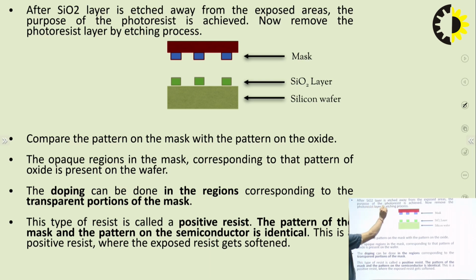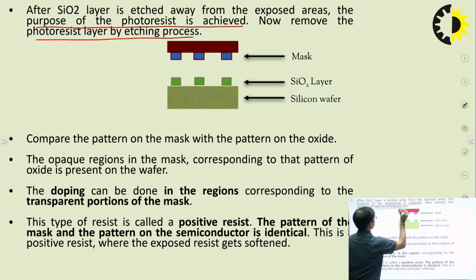After the SiO2 layer is etched away from the exposed areas, the purpose of the photoresist is achieved, and now we have to remove the photoresist layer by the etching process. So, here we can see there is no photoresist.